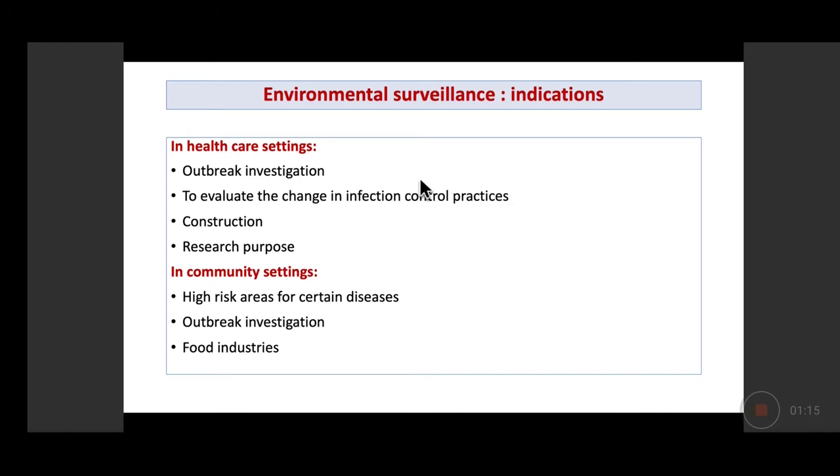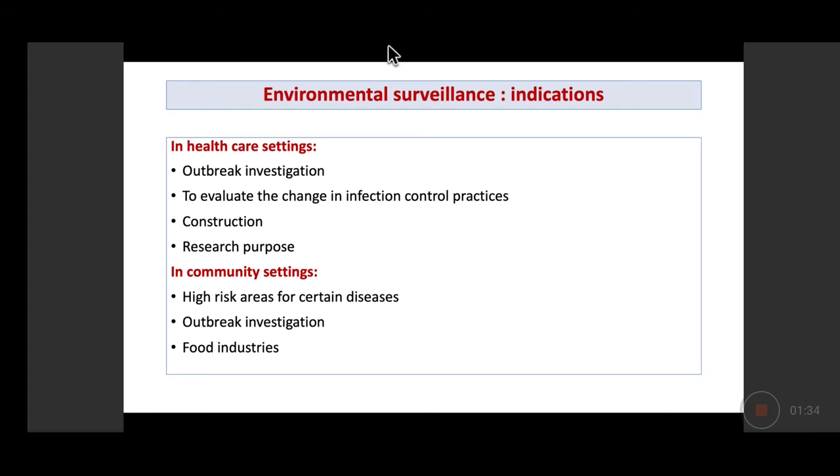Secondly, when we have implemented any infection control practice which is new to that hospital and we want to evaluate and assess the effectiveness of that practice in the hospital, then again we do the environmental surveillance.